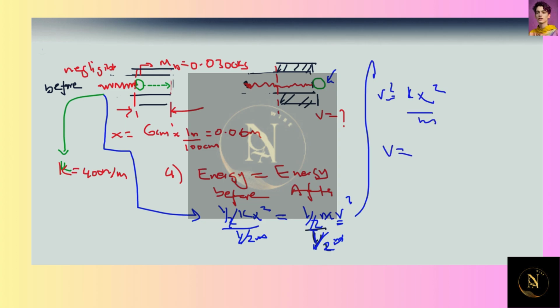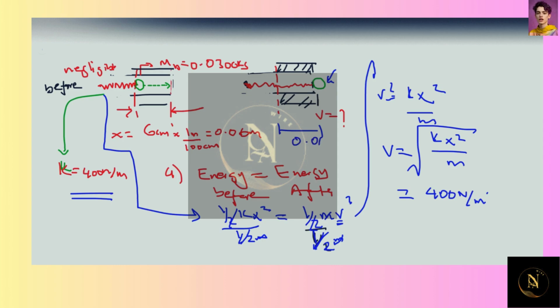So the velocity with which the ball leaves the barrel is the square root of kx squared over m. Plug in the numbers. K is our spring constant right here, 400 Newton per meter, and then the displacement or distance that this ball moves before it leaves the spring is 0.06 meters. So we plug in that.